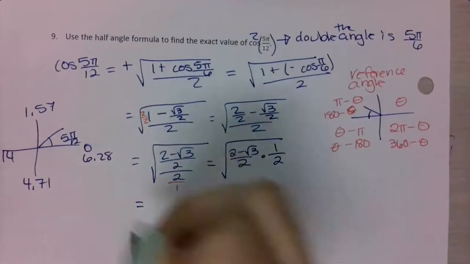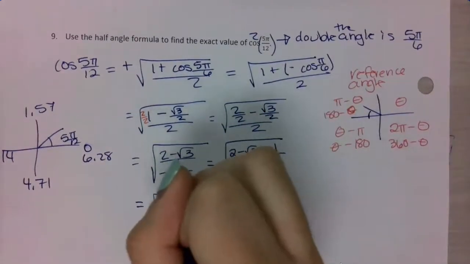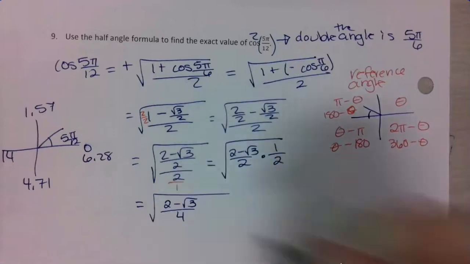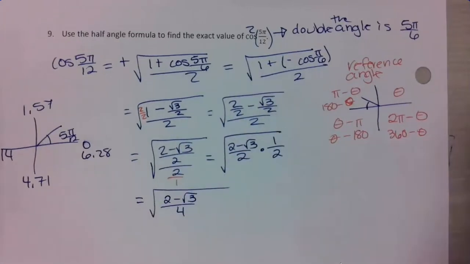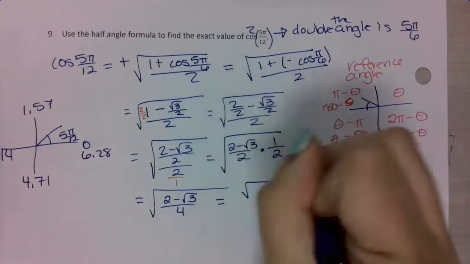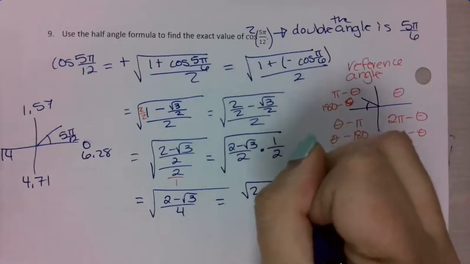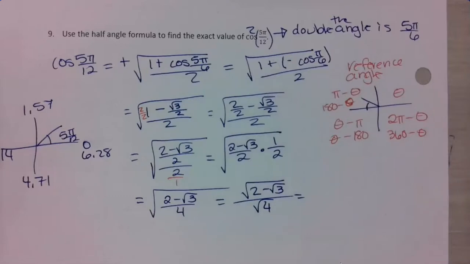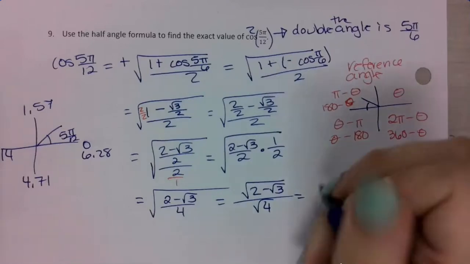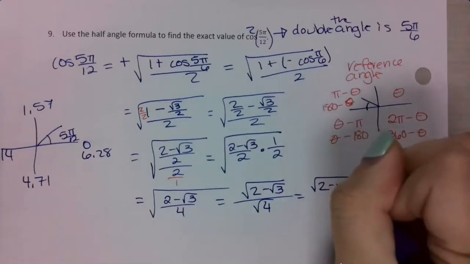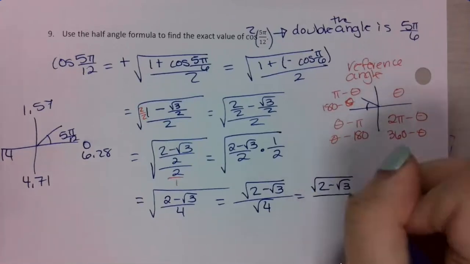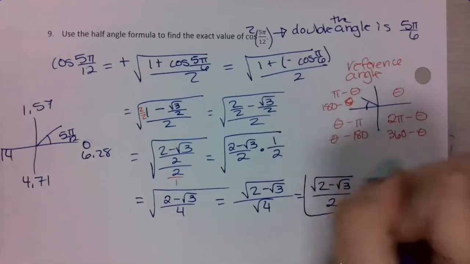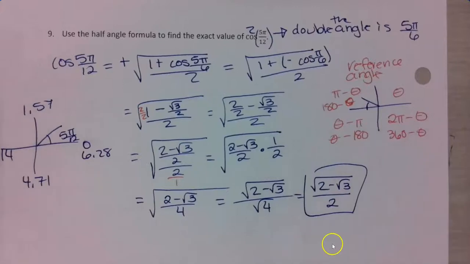This is going to give me square root of 2 minus the square root of 3 over 4. I can split the radical up between the numerator and the denominator. And then I can't take the radical of my numerator because of the radical inside. That is going to stay alone. But on my denominator, the square root of 4 is 2. So that is my final answer here.